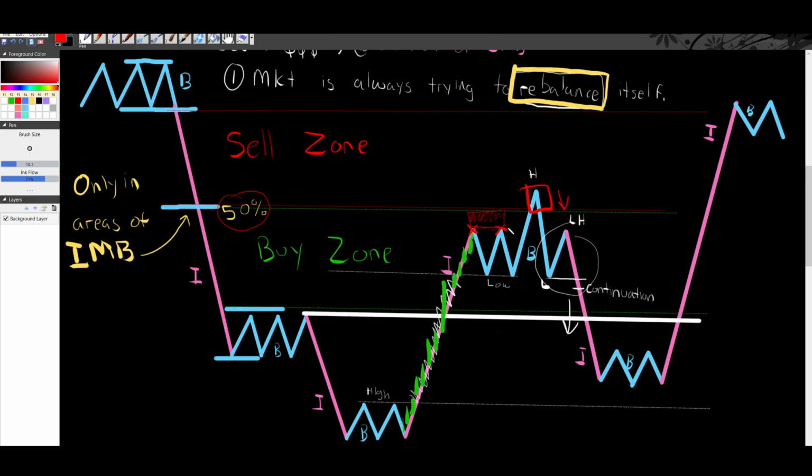You always wait for it to get raided because it's liquidity, and you need to wait for a candle to tap 50 or a candle to close above 50 and then back down, or vice versa if it was bullish scenario.